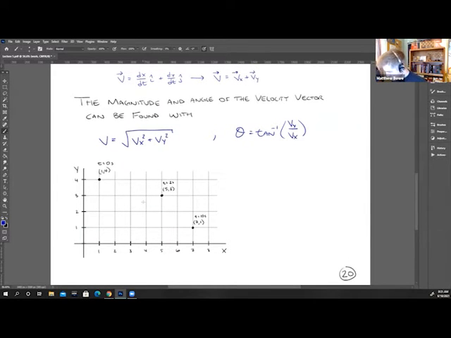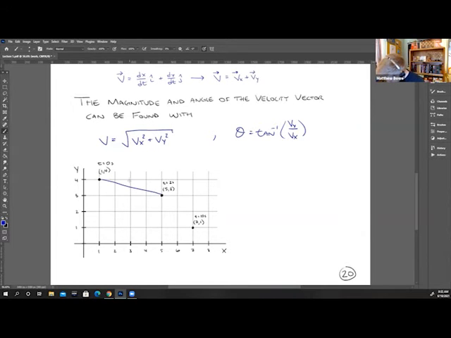Let's find the velocity of this segment right here. What is the velocity of this? So I've added times to these points. I've also clarified the coordinates. So this is at position 1, 4, position 5, 3.